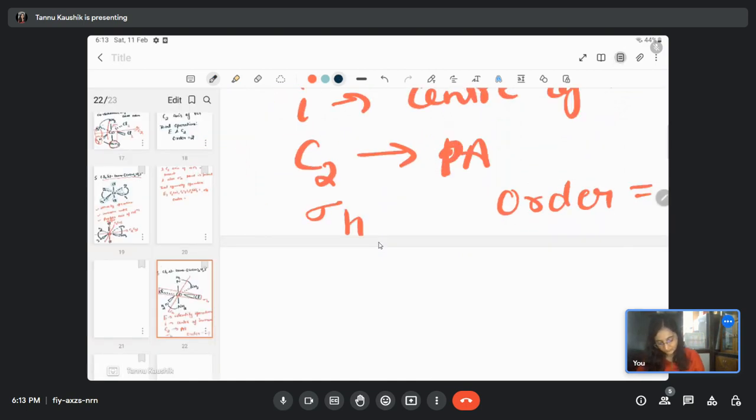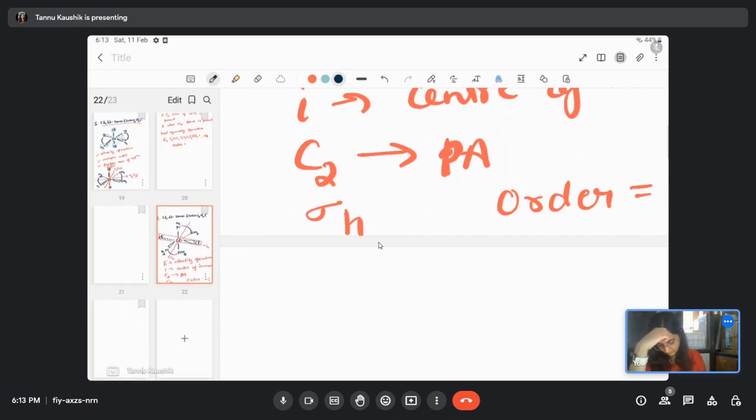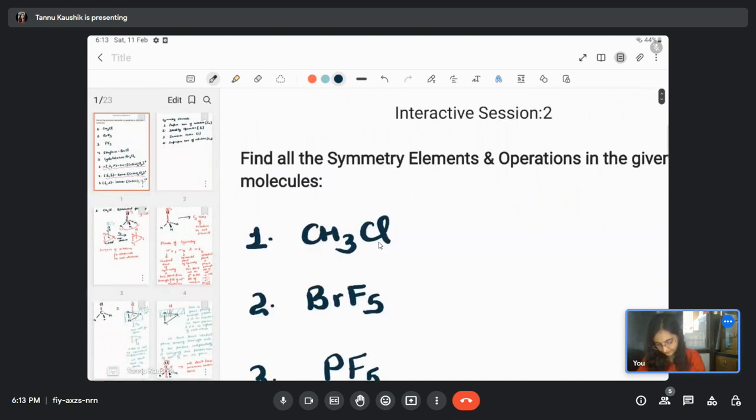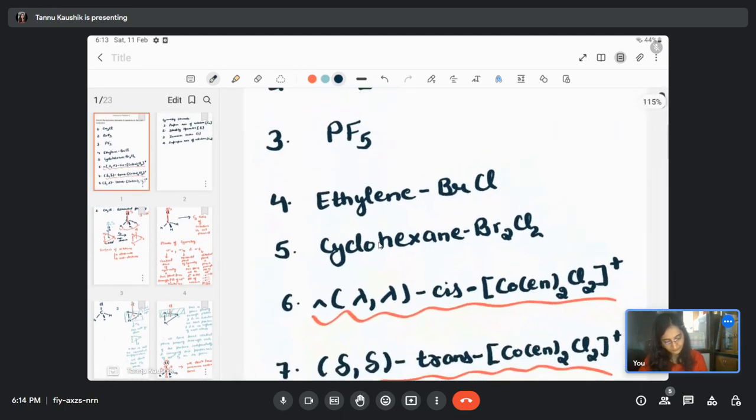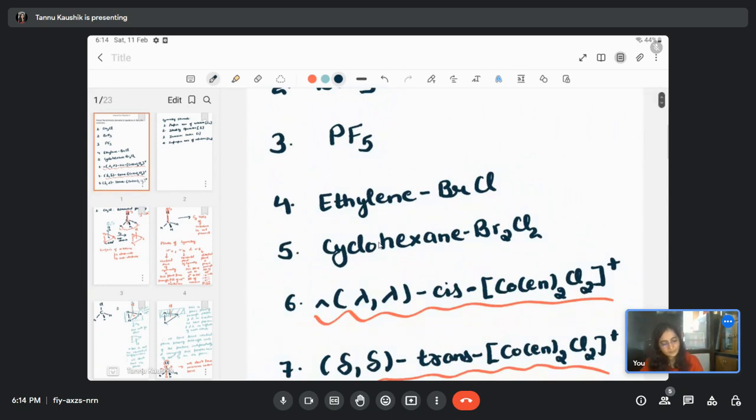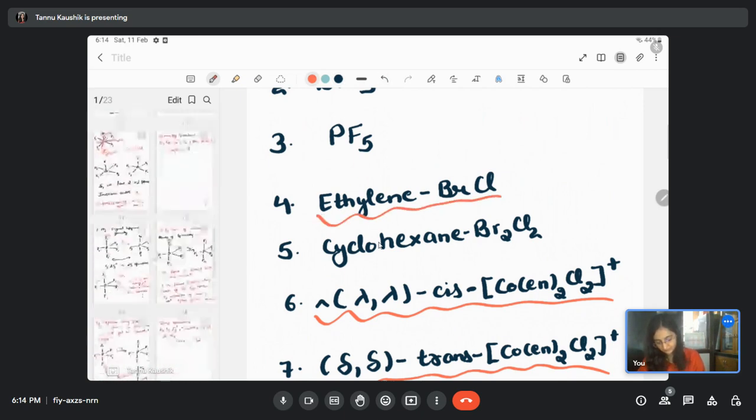Next molecule is, we will be discussing this ethylene bromine chloride.